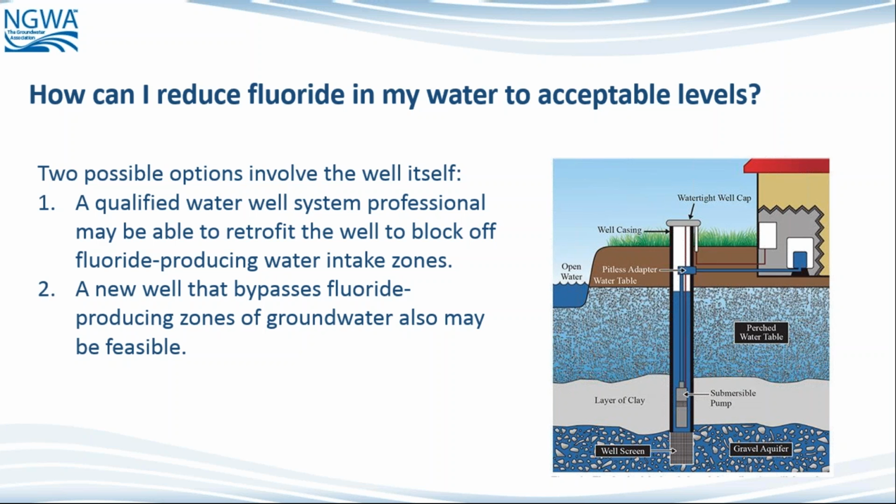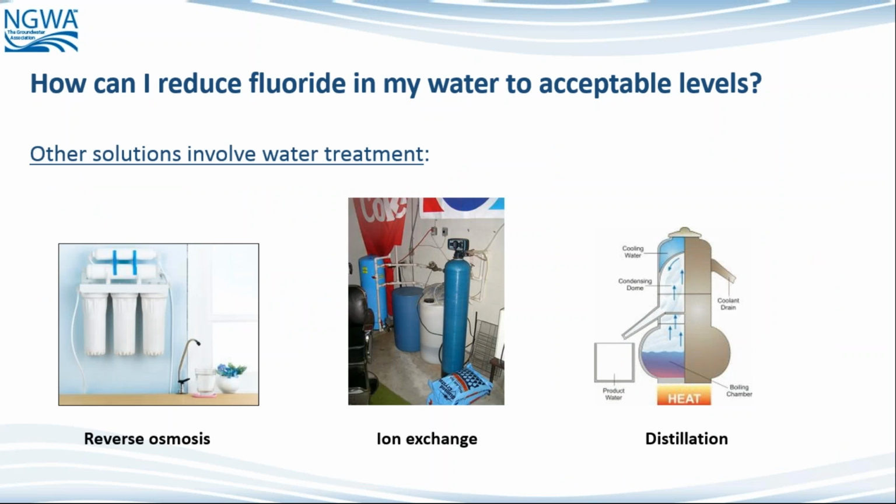Those are issues that don't occur every time we're looking at a well or repairing or changing a well, but certainly are an option to remedy the high fluoride concentration that's coming into our residential water wells.